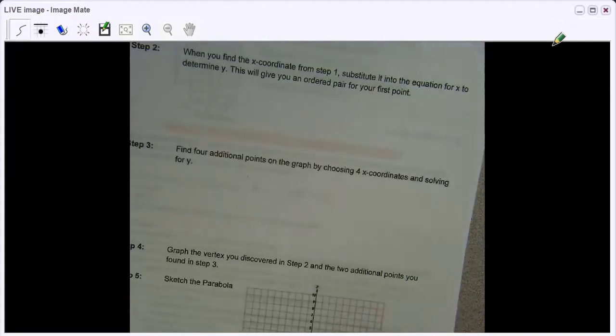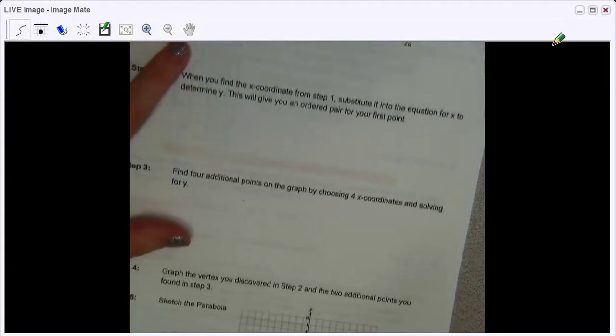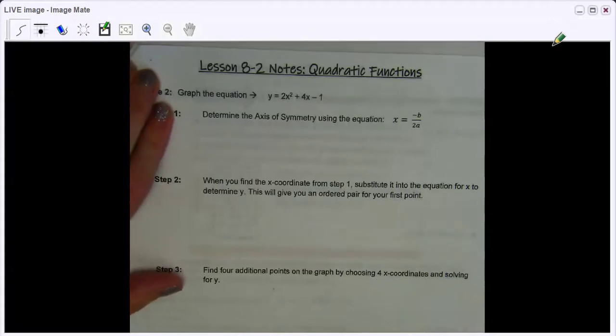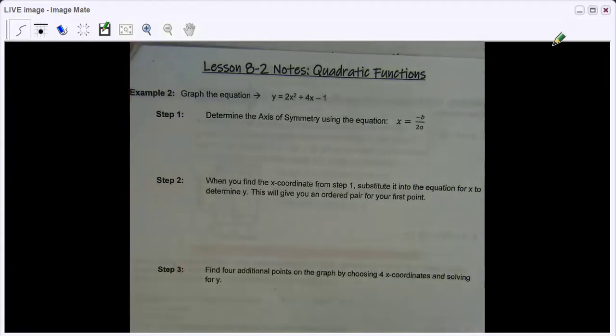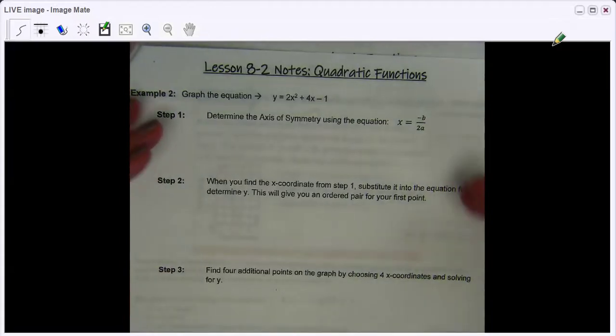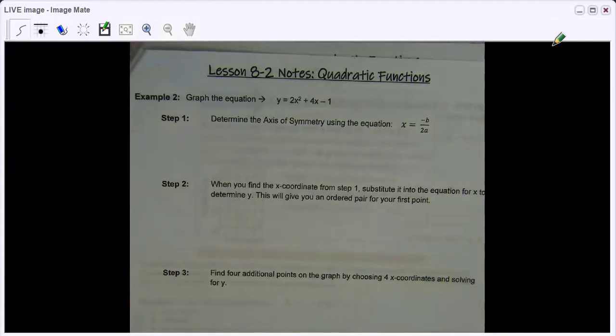Same thing, just a different problem. So what I would like for you to do, using example 1, I want you to try to work this out on your own. Okay? So I'm going to pause the video. I'm going to give you an opportunity to do that, and then we'll come back and check.